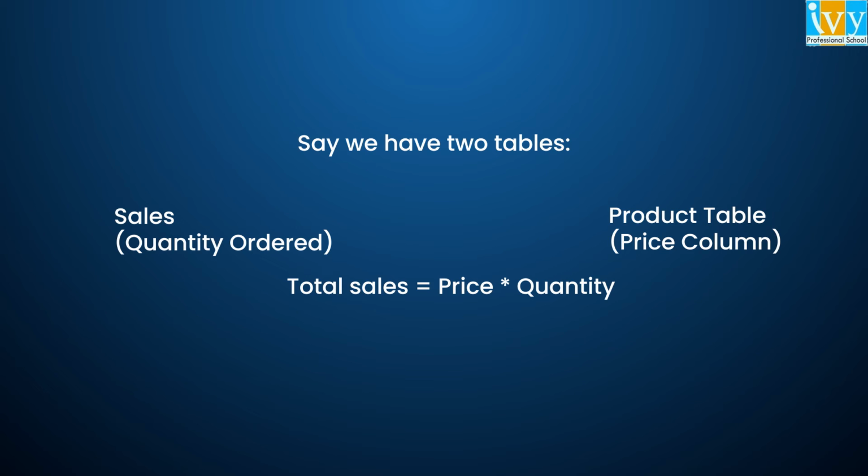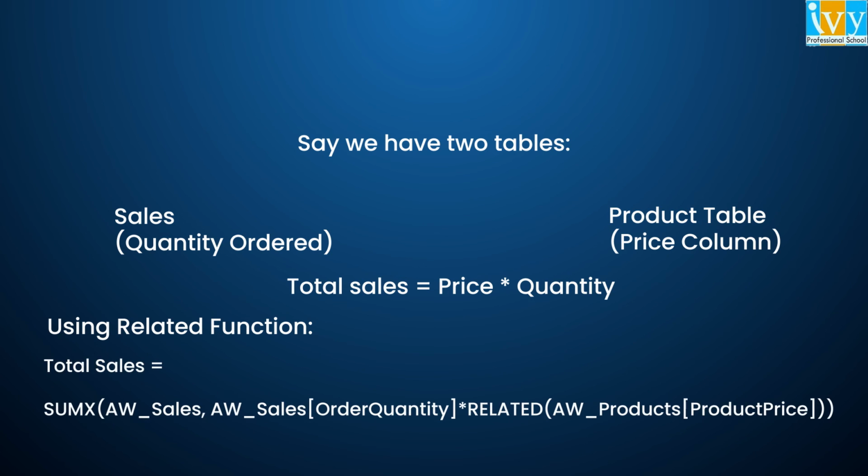By connecting the sales table with the products table, using a common key between them, we create a perfect relationship or a data model between the two tables. Once that is done, we can use the related function in order to pull the price column from the products table into the sales table and find out the desired results.